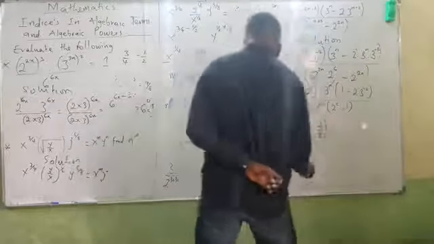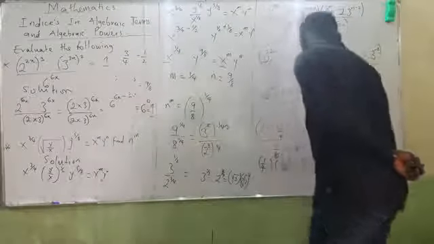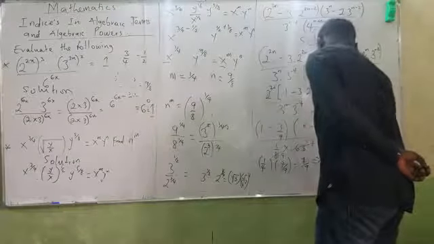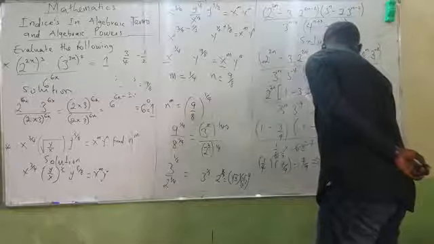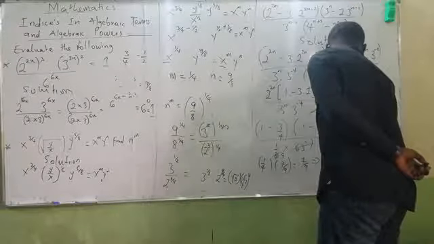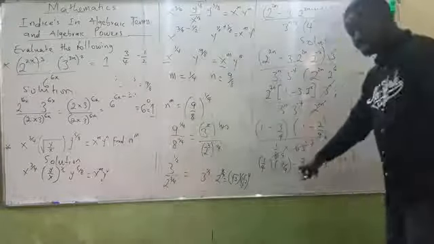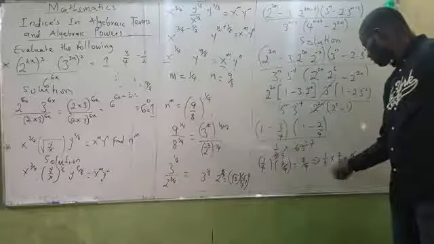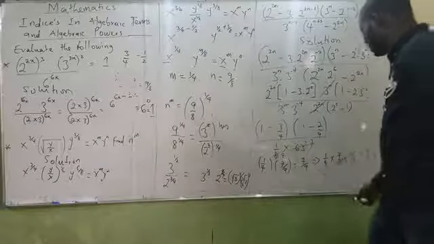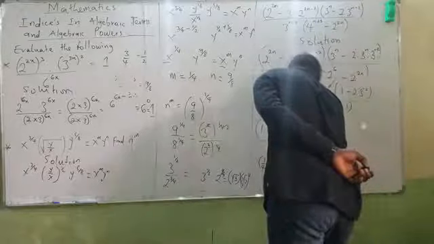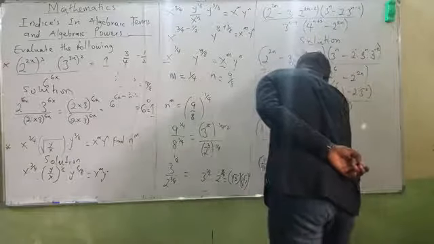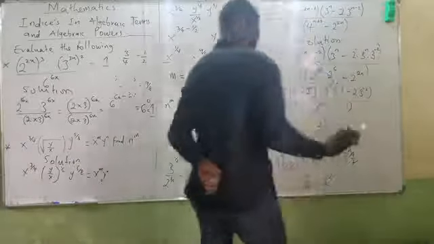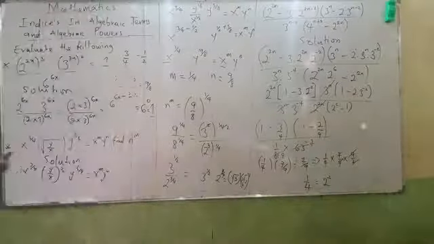Now, I can also write this as 1 all over 4 multiplied by 7 all over 9 multiplied by 9 all over 7. I change the division to multiplication. This will cancel this, this will cancel this. My answer remains 1 all over 4, which I can also write as 2 raised to power minus 2. That is my answer.